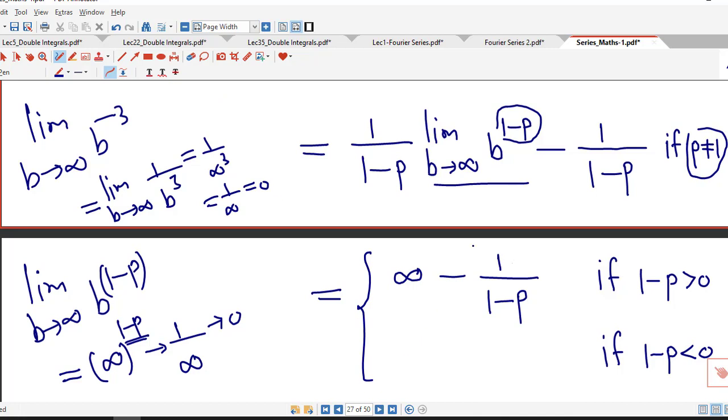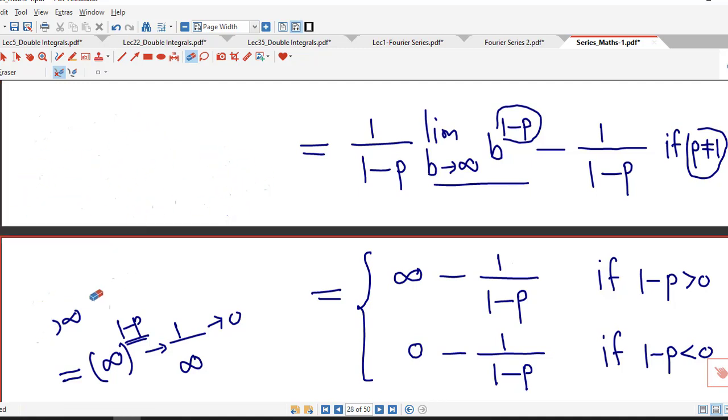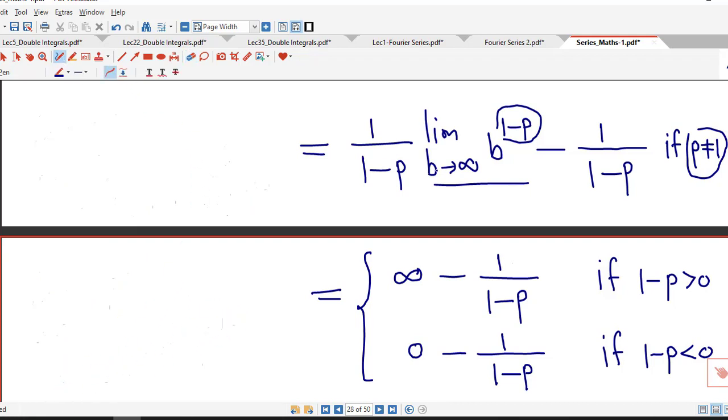So if 1 minus p is negative, the limit of b raised to 1 minus p as b tends to infinity is 0. We have to take care of these simple things. Here we have used that if the power is positive, this limit is infinite, and if the power is negative, this limit is 0.